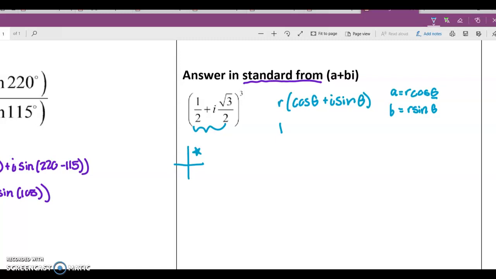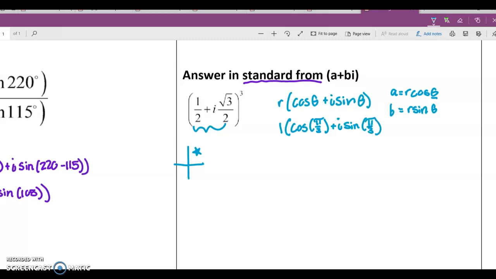So what angle gives us a cosine of 1/2 and a sine of root 3 over 2? That would be pi over 3. So we would have 1 as our radius times cosine of pi over 3 plus i times sine of pi over 3.